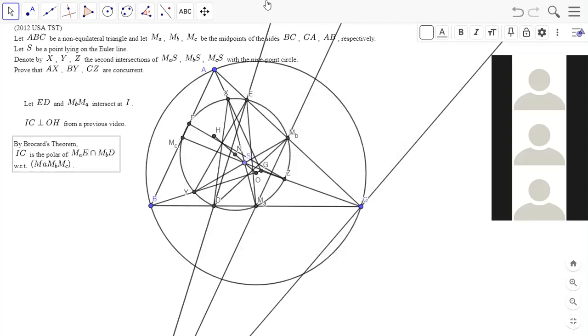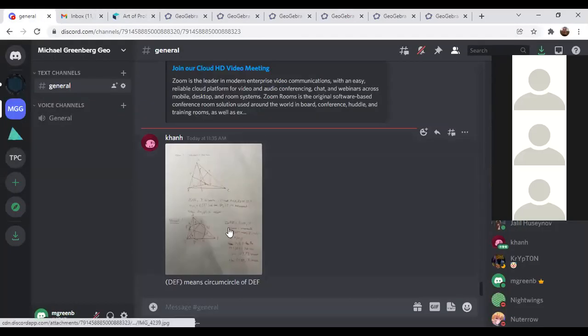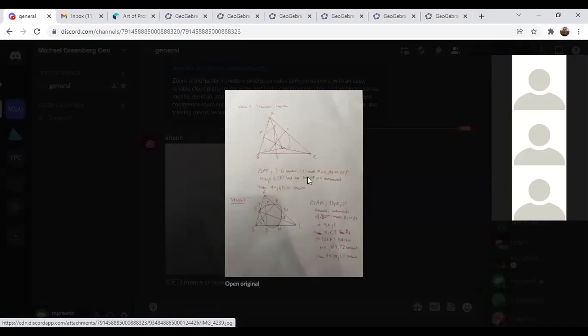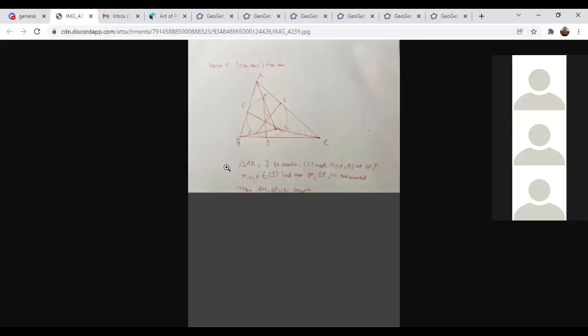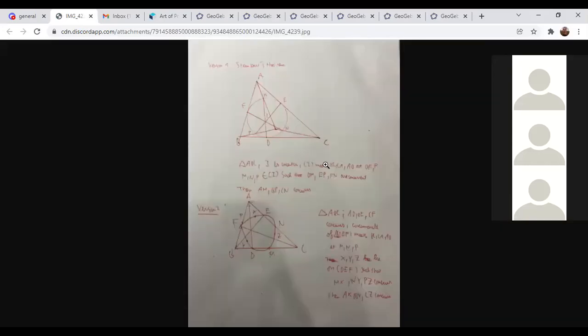Okay. So I'll check Discord. Okay. So if I is the incenter, and D, E, and F are the points of tangency, and M, N, and P are points on the circle, so that DM, EP, and FN are concurrent, then AM, BN, and CP are concurrent.